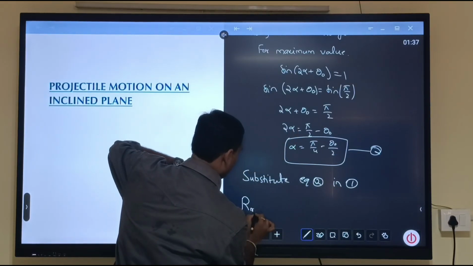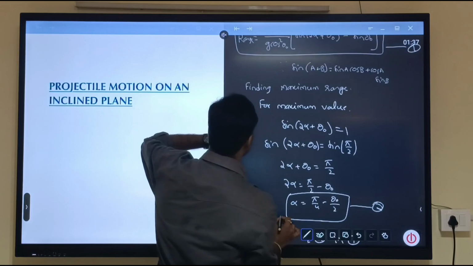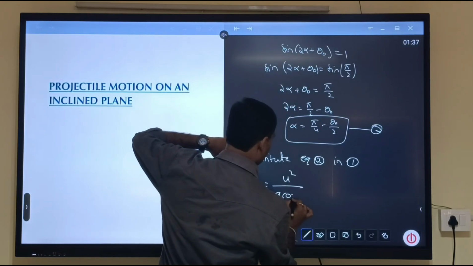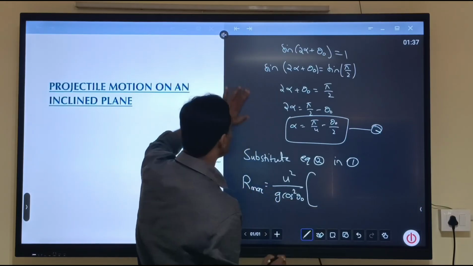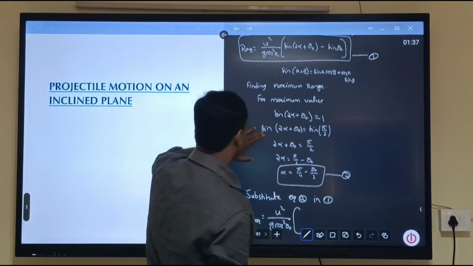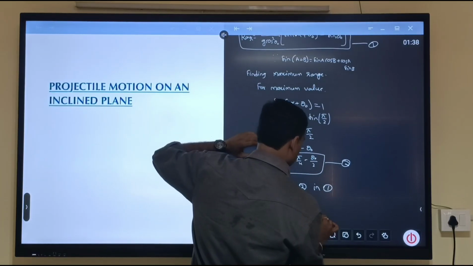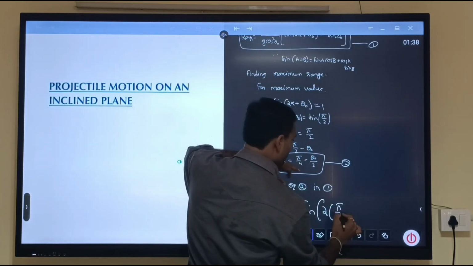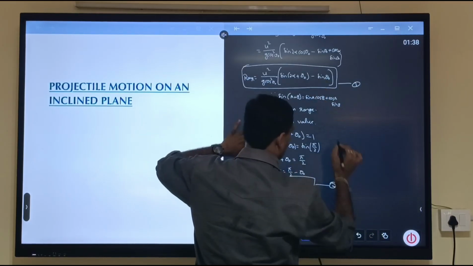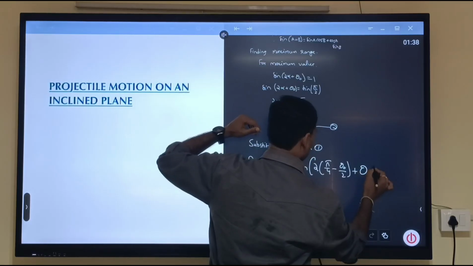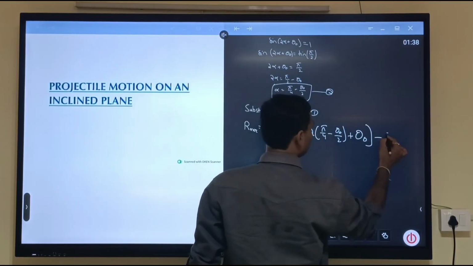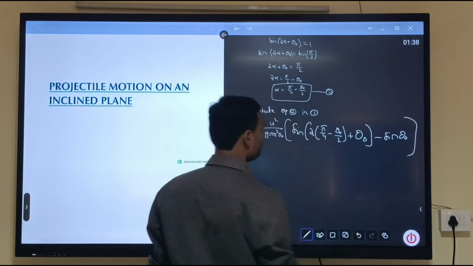Then R max value we will get as u square by g cos square theta naught, sin of 2 alpha plus theta naught, where alpha is pi by 4 minus theta naught by 2, minus sin theta naught. Right?